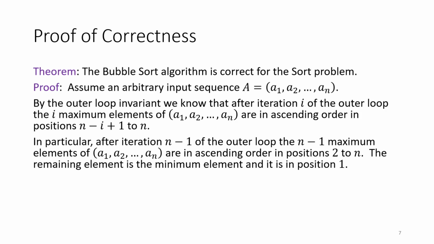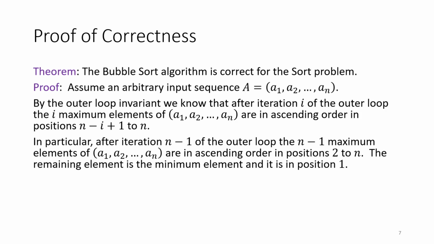We said, what numbers would it be? It would be 2 to n. But the last piece I said is that the last element that we haven't talked about in these n minus 1 maximum elements is the minimum element. And it's left alone in position 1. That's where it belongs. So it's right where it belongs.